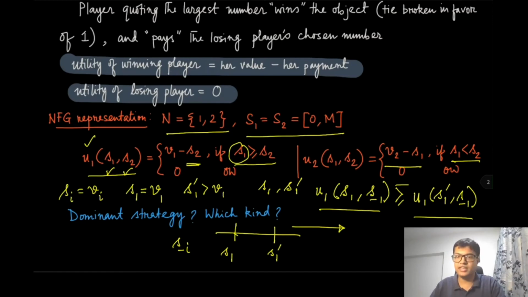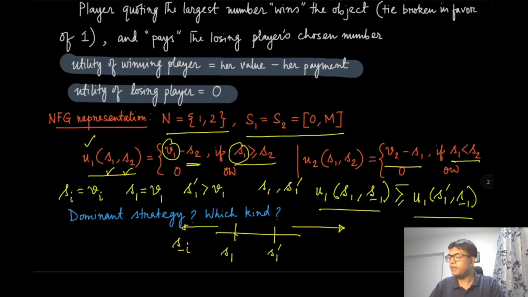So in that case the equality holds. In the other extreme case, where S minus 1, the strategy chosen by the other player, S2, is smaller than S1, then you also win and you get the same utility, because whether you bid S1 or S1 prime, your valuation is still V1, and you pay the same amount. You are still the winner, so your utility does not change.